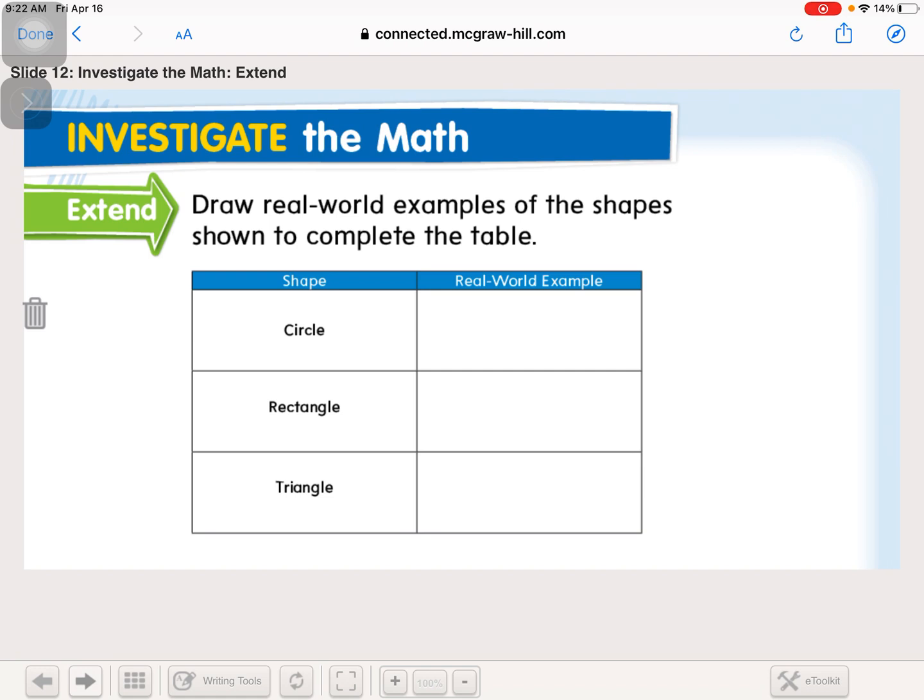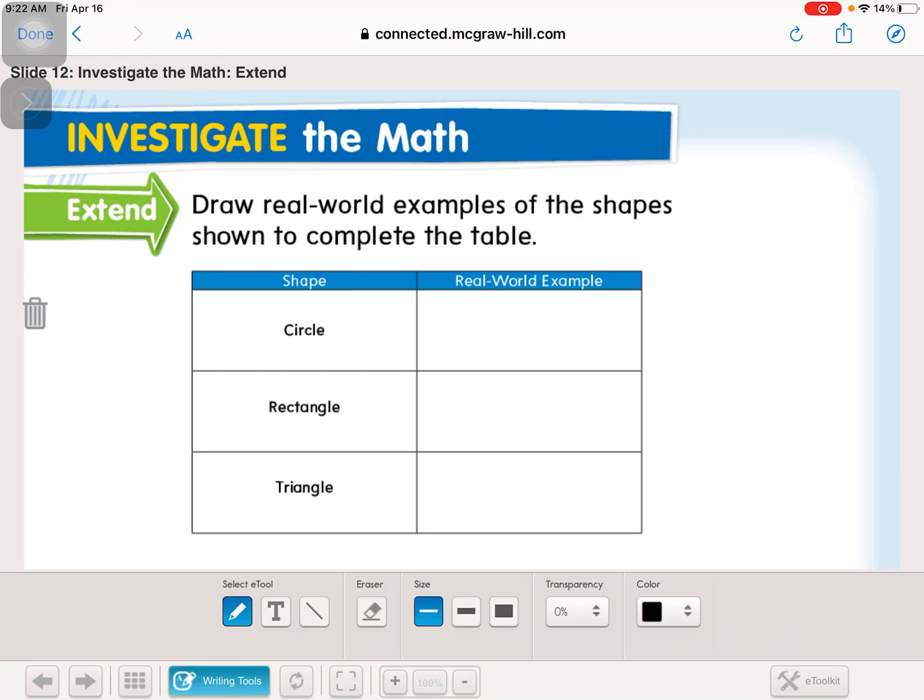Okay, so it says draw real-world examples of the shapes shown to complete the table. So circle, a real-life object that is a circle. We just learned about this. A clock, right? An analog clock is typically a circle.